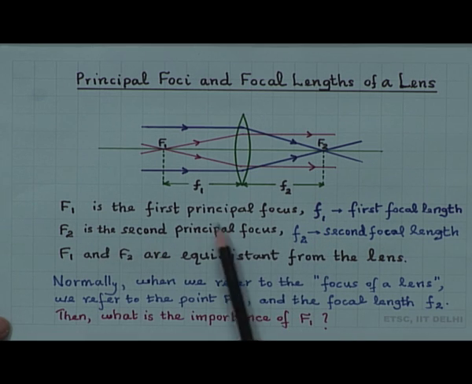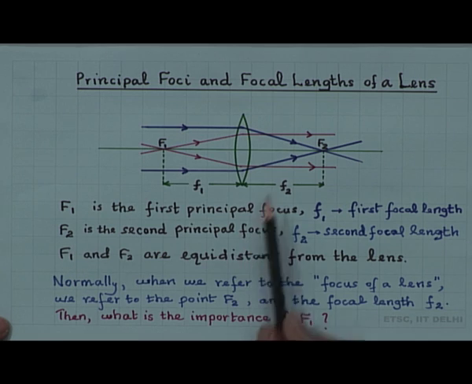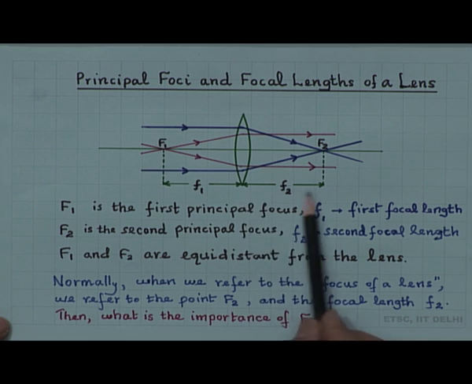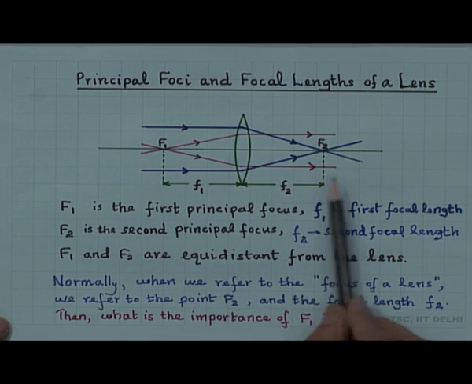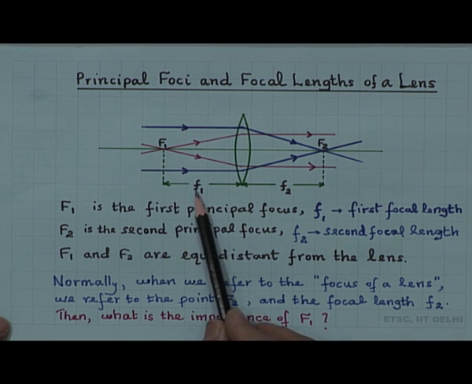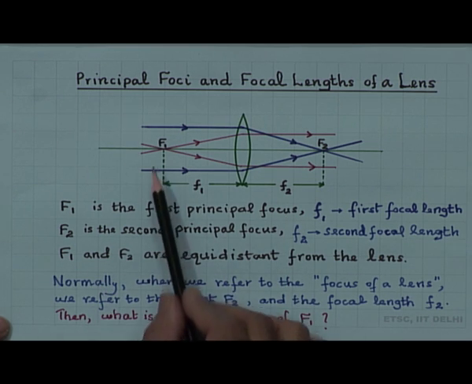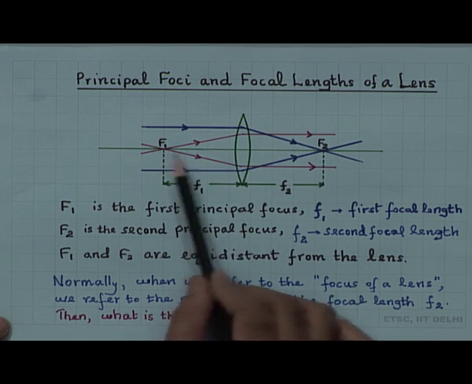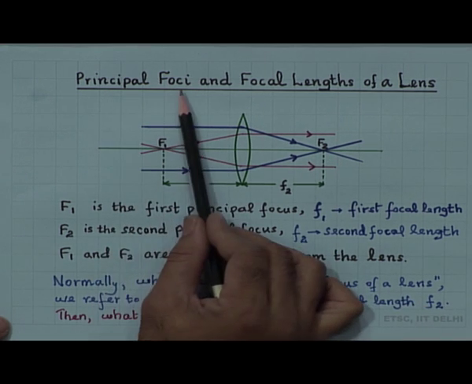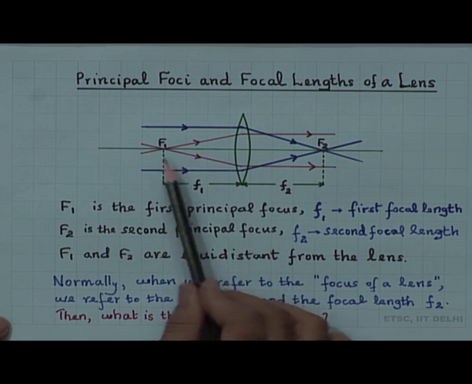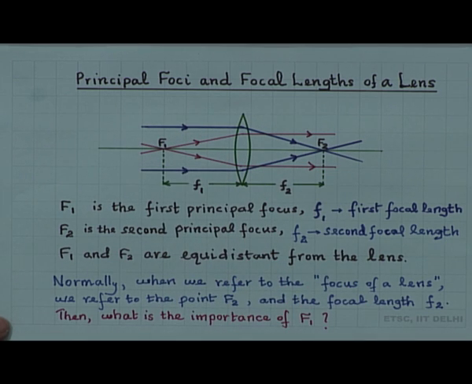So, F1 is the first principal focus, f1 is the first focal length, F2 is the second principal focus and f2 is the second focal length, and F1 and F2 are equidistant from the lens, because we have just now shown that f1 is equal to f2 in magnitude. Therefore, the principal foci F1 and F2 are equidistant from the lens.